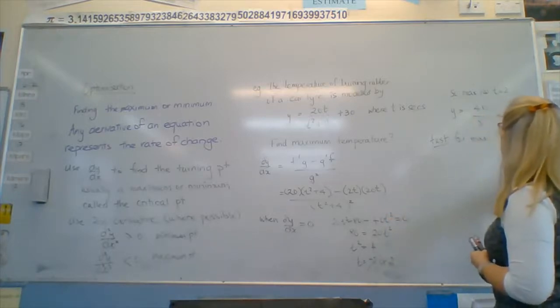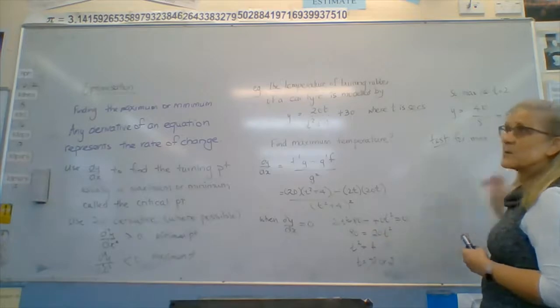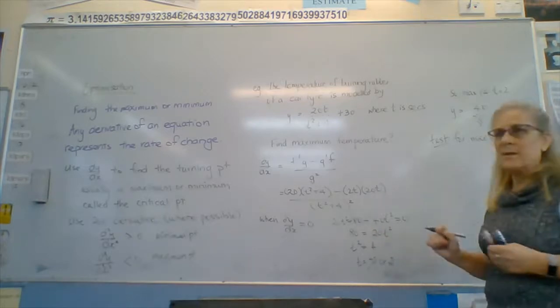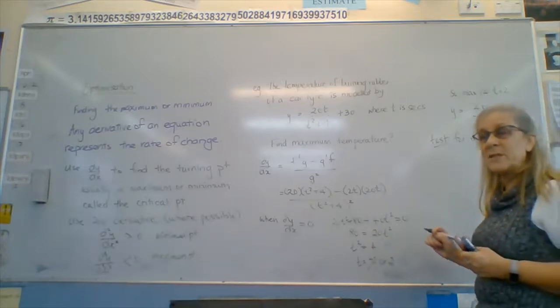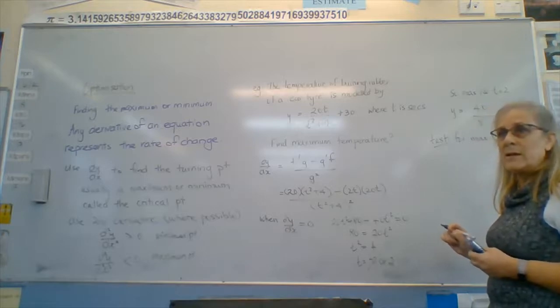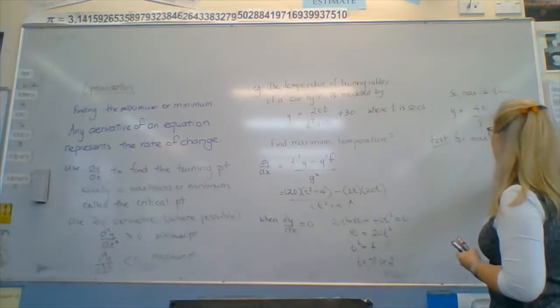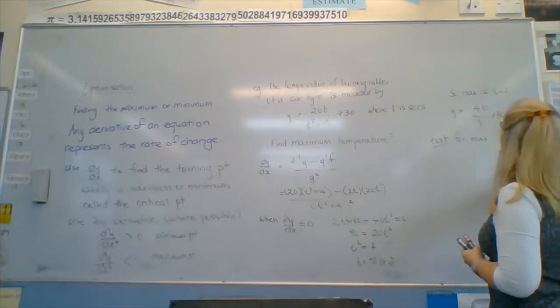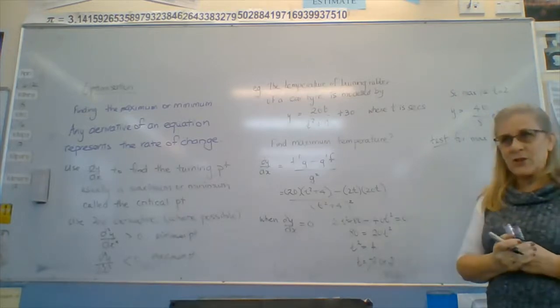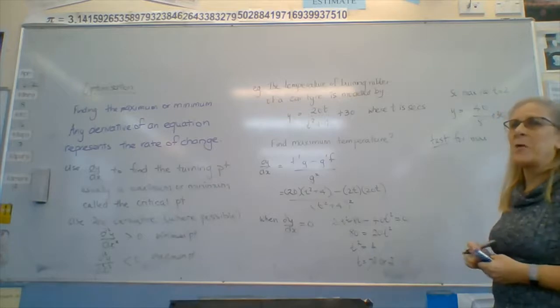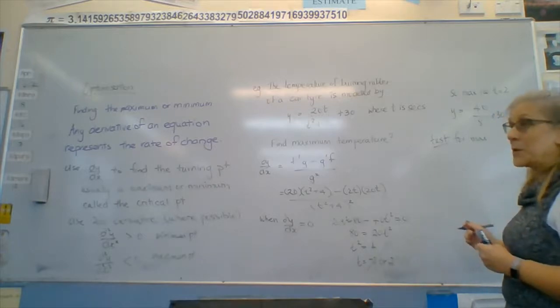Why is y in seconds? It could be in degrees Celsius or something. Plus 30. Good. I missed that bit altogether. 35 degrees. That makes way more sense. That seems to be quite a high temperature for burning rubber.